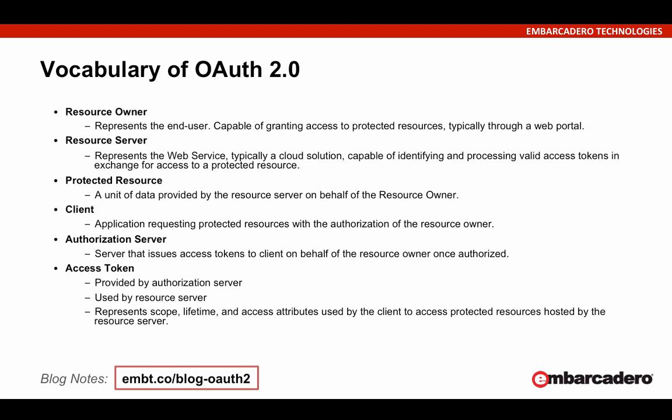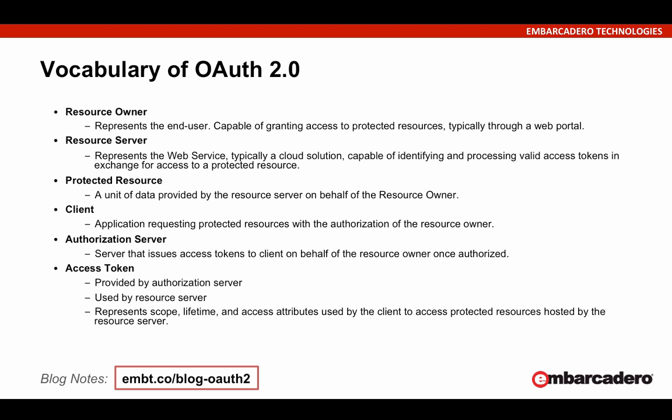If you start reading the documentation for a given vendor's implementation of a RESTful API that uses OAuth 2.0, you will likely encounter some vocabulary terms that are specific to the OAuth 2.0 specification.